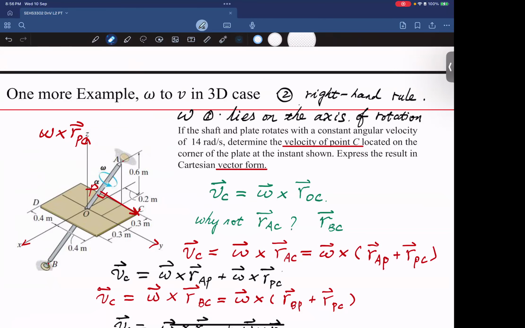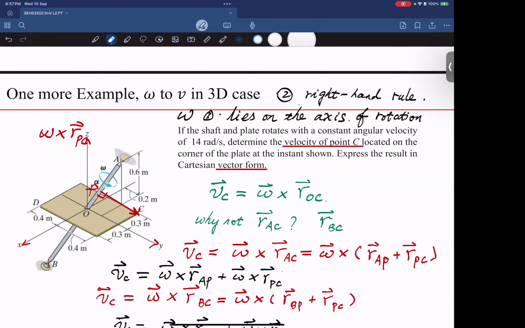Use our right hand, right? We hold this shaft with our right hand. We can find it's counterclockwise when we look at this board, right? Counterclockwise, if we use our four fingers and look at our right hand, it must be like this, right?